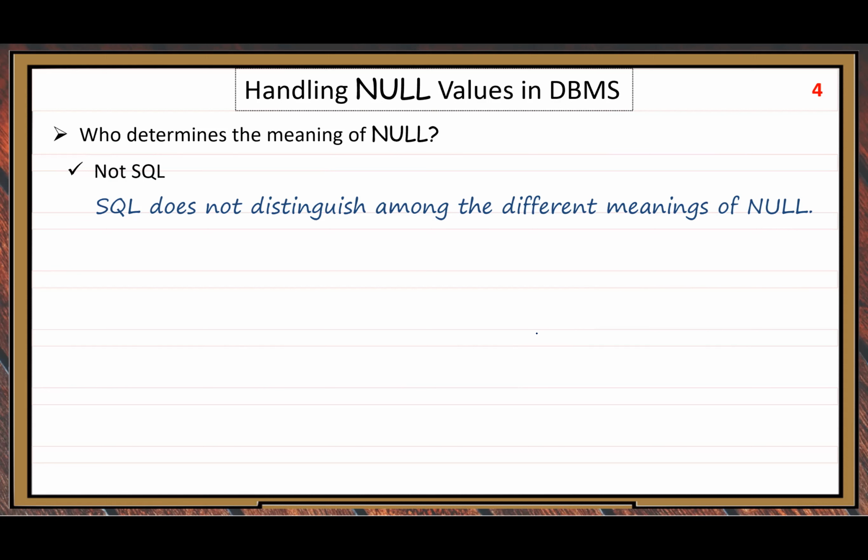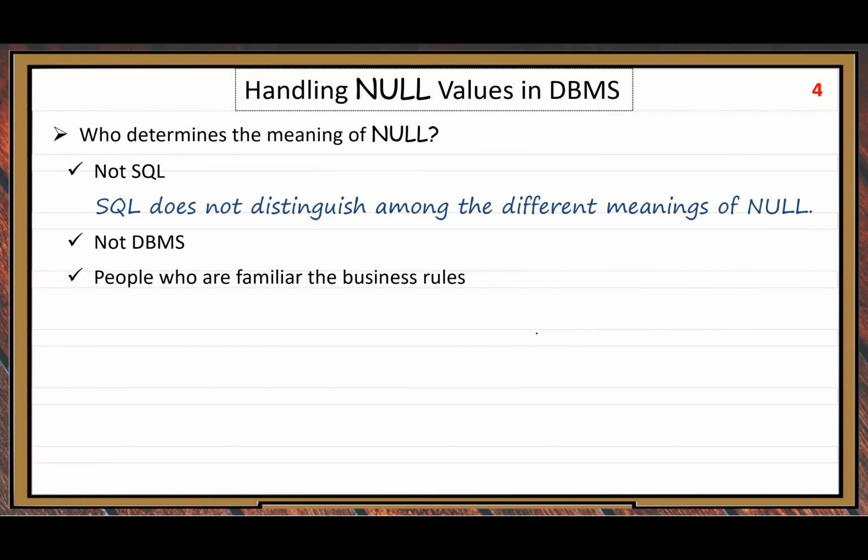Not the DBMS either. The DBMS is not responsible for that interpretation of what null means. The DBMS does not need to do anything special. Just treat it as a null value, for whatever reason.